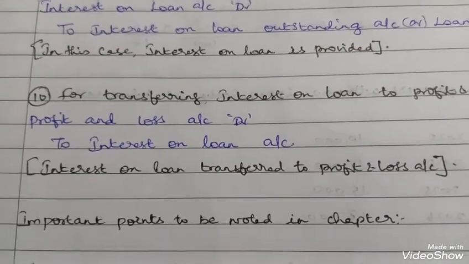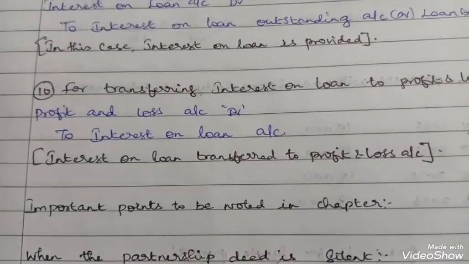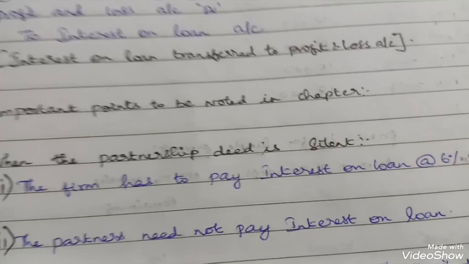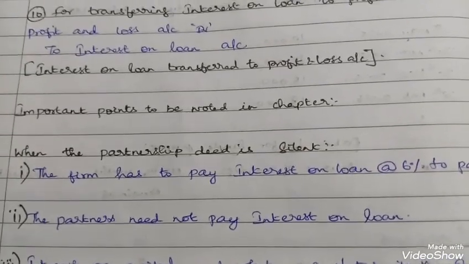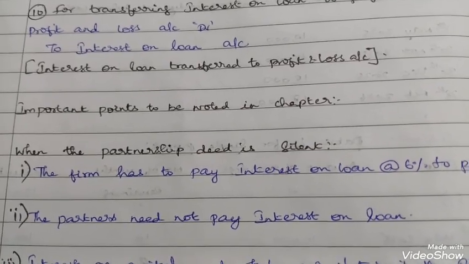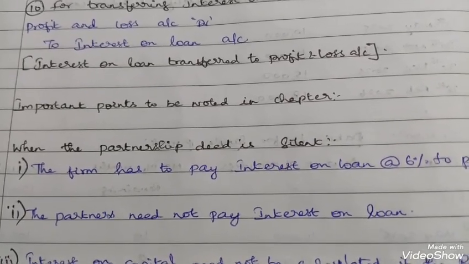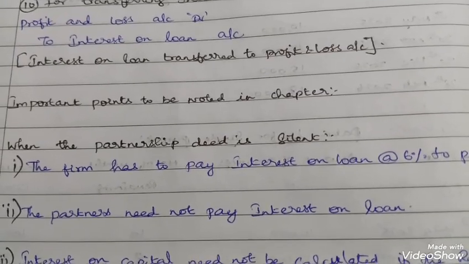So the important point to be noted in this chapter is that when the partnership deed is silent about interest on loan, if the firm has got a loan from the partner, then the firm has to pay interest. We all know that.